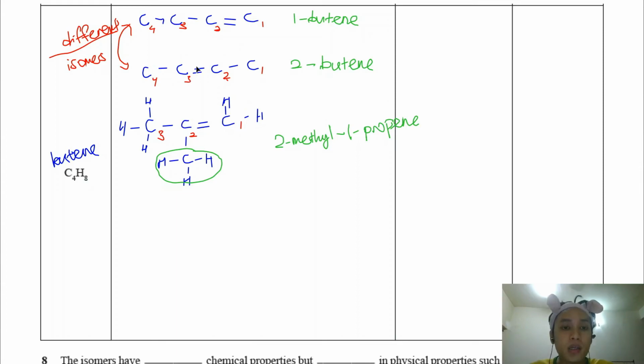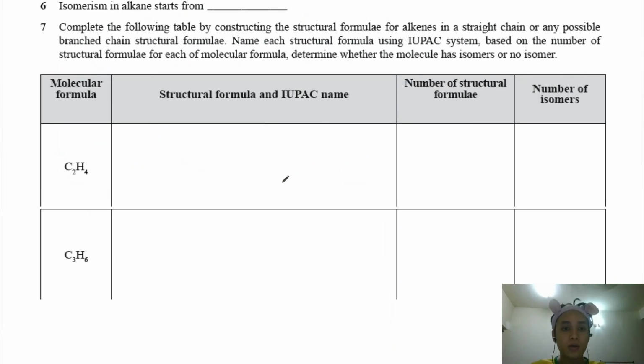After you shift the double bond and can no longer shift anymore, meaning you get back 1 butene, then you reduce the number of carbons, from a 4 carbon straight chain to a 3 carbon straight chain. And then you repeat the process: you try and shift whether you can get different double bonds. So technically for butene, this will be your isomers.